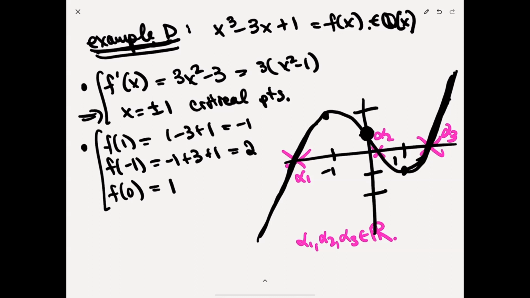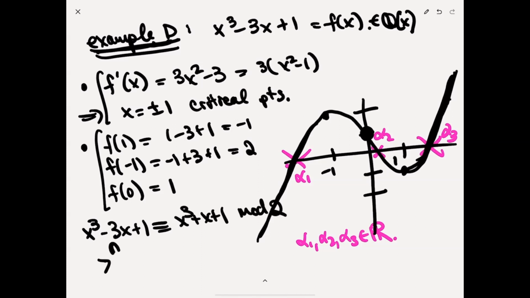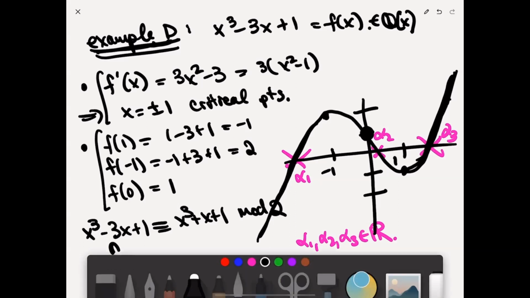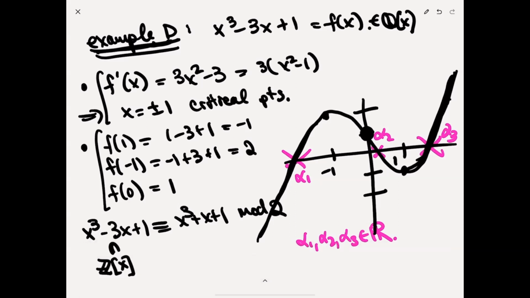Note that x cubed minus 3x plus 1 is congruent to x cubed plus x plus 1 mod 2. Here I'm viewing this as an element of Z[x]. And this implies that it is irreducible in the finite field F2[x].